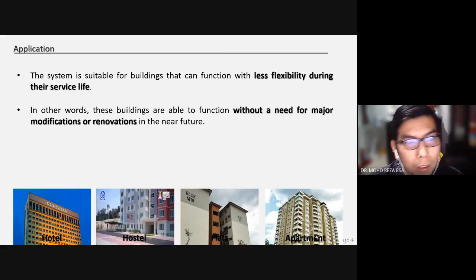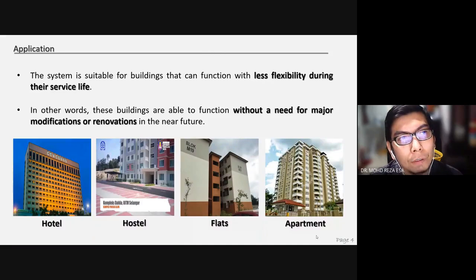So where we can see the application of this formwork system is in hotel, hostel, flats and apartment construction. As you can see, it's more on high-rise projects. Because if you want to use a reusable formwork system, you must have the element of repetition in your construction project, repetition in terms of sizing and floor to floor height, standardized.